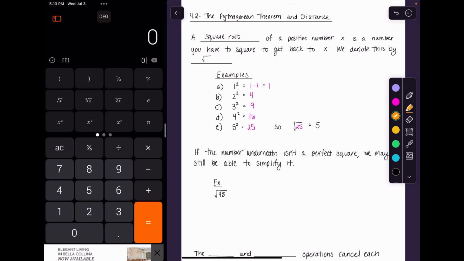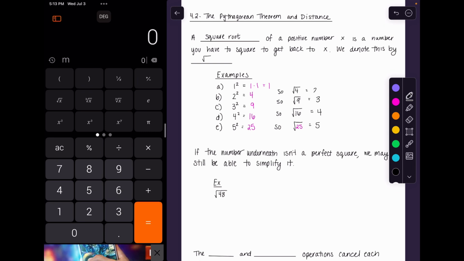Likewise, we can go through all of these. If I'm asking what the square root of 16 is, I'm asking what number times itself gives me 16, and that would be 4. The square root of 9, what number times itself gives me 9? That would be 3. The square root of 4, what number times itself gives me 4?